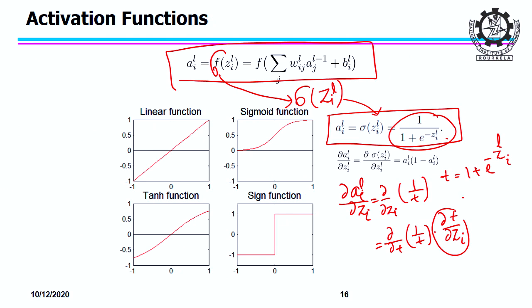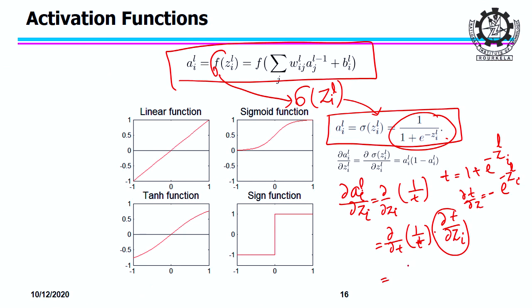How do we compute it? So, del t by del z equals, this is constant and then e to the power minus x, so this will be minus e to the power minus z I L. Now, we have to compute this one, which is actually d dx of 1 by x.